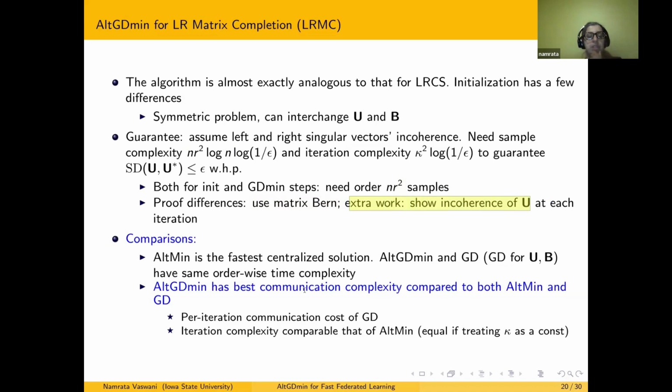In terms of comparisons, you can only talk about communication complexity improvement. It has the best communication complexity here because you're getting the per iteration communication cost of gradient descent, but the iteration complexity of alt-min.